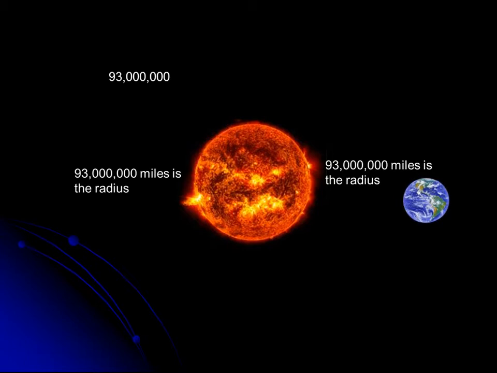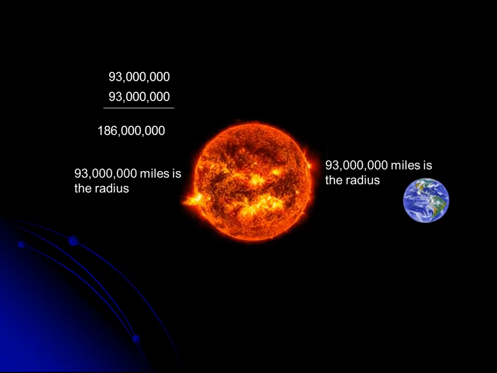And then you just do 93 million. The radius is the whole arm. Circumference? No, that's the whole circle. The line that goes straight across the circle is the diameter. Yep, diameter.